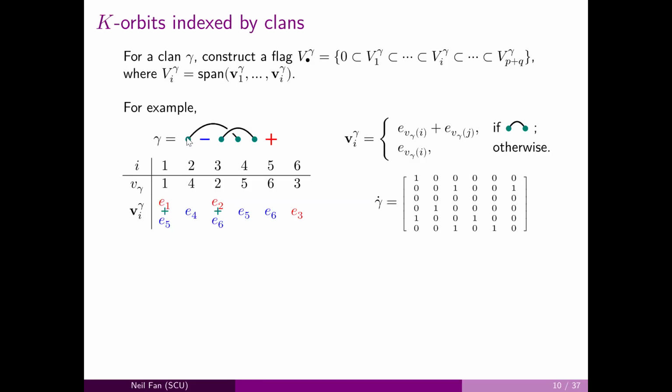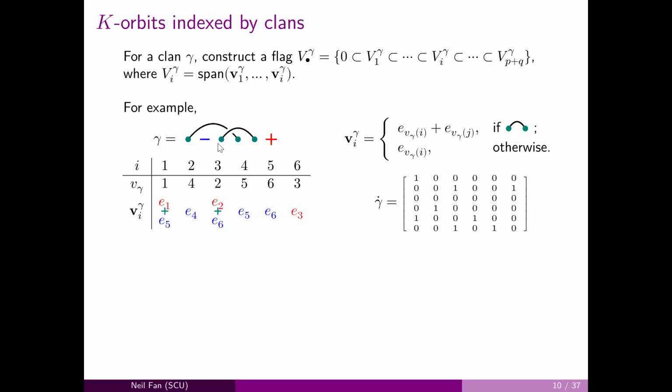So for example, for this node 1, it's a left endpoint, and it is matched with the 4th node. V gamma 1 is 1, V gamma 4 is 5. So the first vector of gamma dot is E1 plus E5.